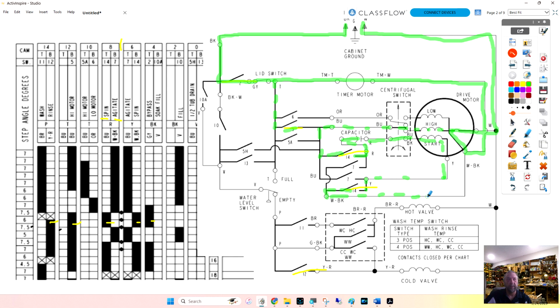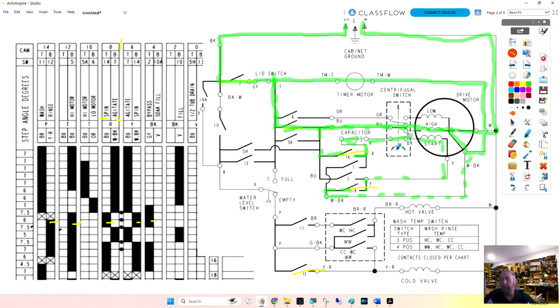The reason I drew it in a dash line is only because the start winding is not energized the whole time. It's only energized once the motor gets going. Then the centrifugal switch in the motor will open up and take the start winding out of the circuit. In the next class, I was going to go over more how the centrifugal switch works for high and low speed.